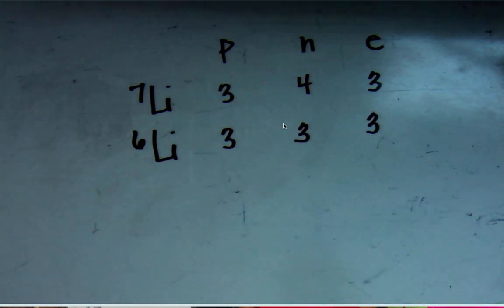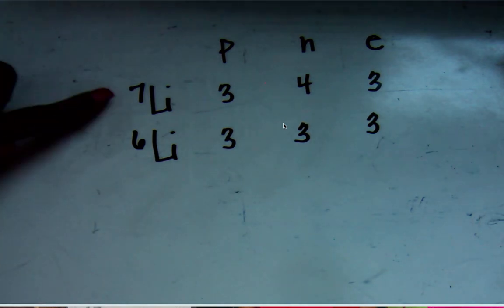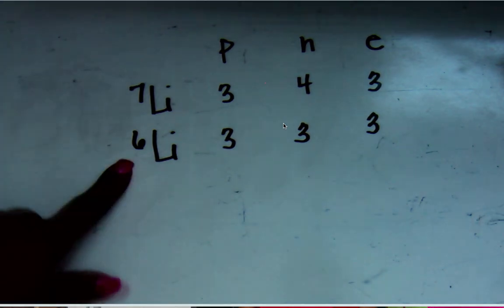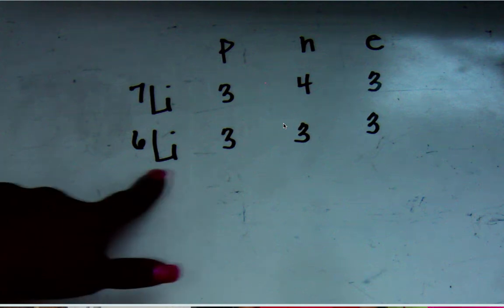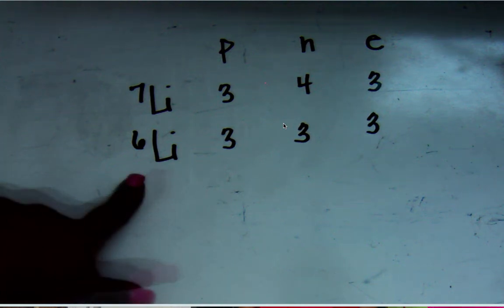So here I have identified the number of protons, neutrons, and electrons for lithium 7 and lithium 6. As a reminder, when you look at the periodic table, lithium has an average atomic mass rounded to the nearest whole number of 7. However, this right here lets us know that we have an isotope of lithium.